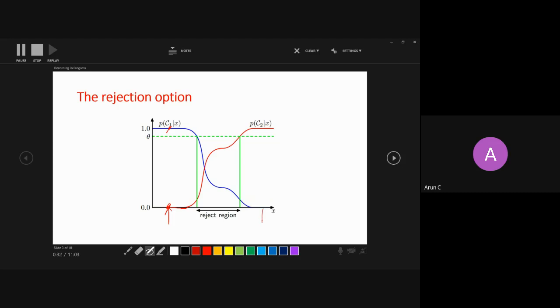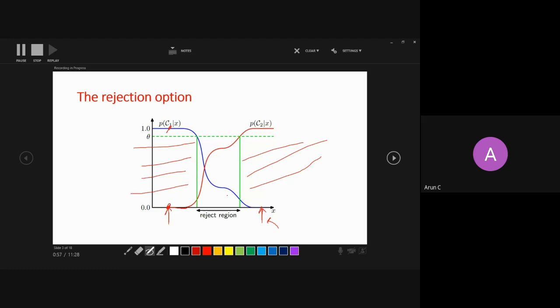Similarly, for this particular x, the probability for C2 is 1 and for C1 is 0. So it is easy, because I have very high confidence that this x belongs to C2. So all the x in this region belong to the C2 class, and all the x in this region belong to the C1 class with very high probability, or almost certainty.